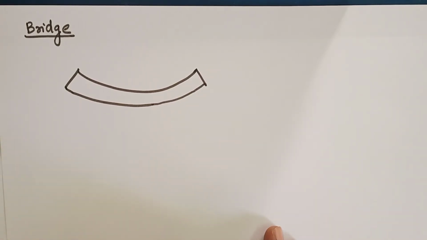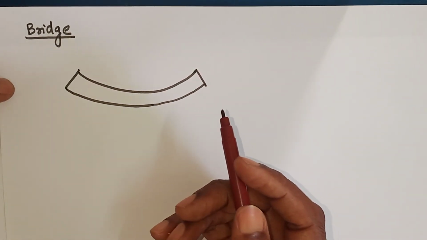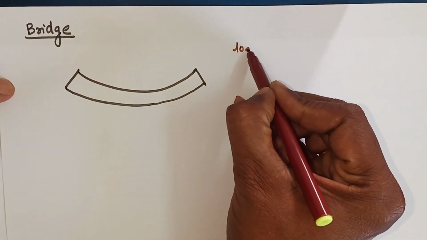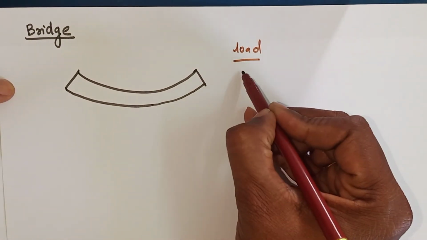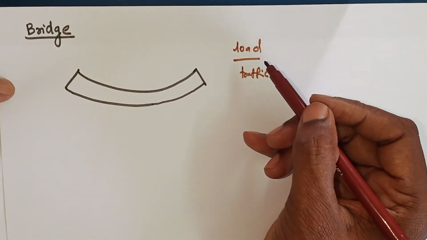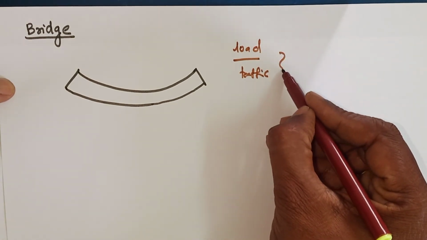Now see how bridge construction works. Generally a bridge is designed so that it can withstand its own load, traffic, wind support and the load of winds.